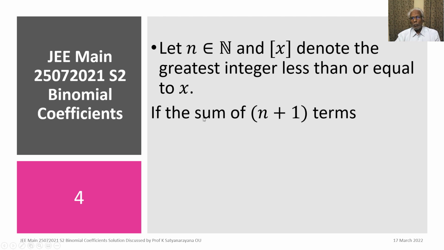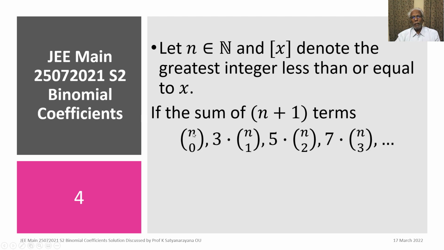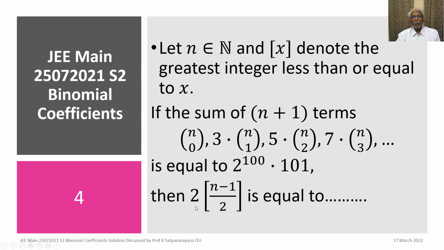If the sum of n plus 1 terms, nC0, 3 times nC1, 5 times nC2, 7 times nC3, etc. is equal to 2 power 100 multiplied by 101, then 2 times [(n minus 1) by 2] is equal to what?